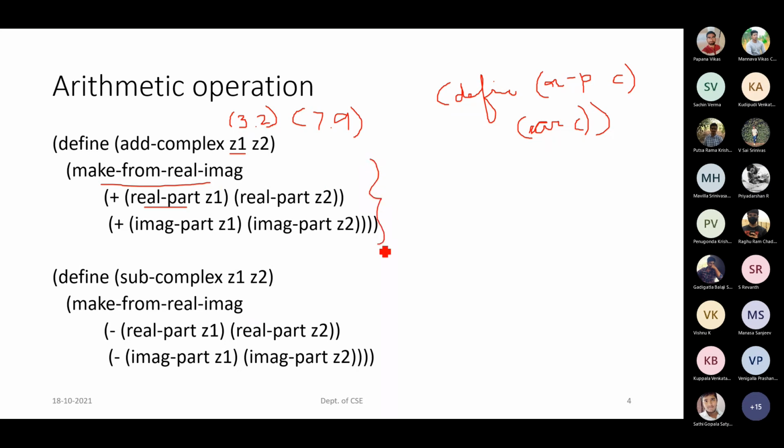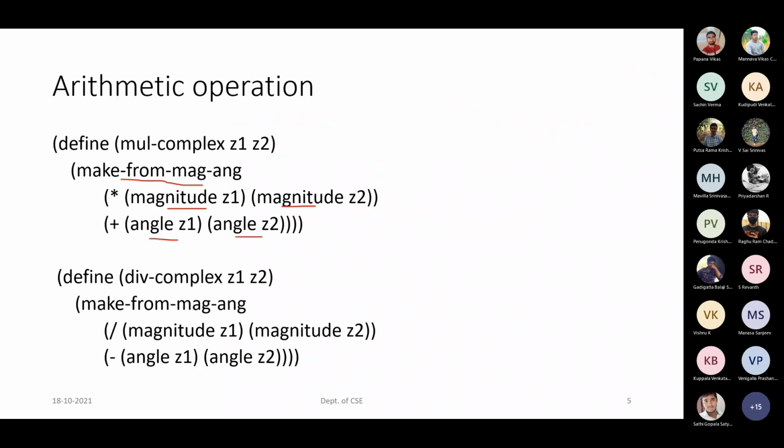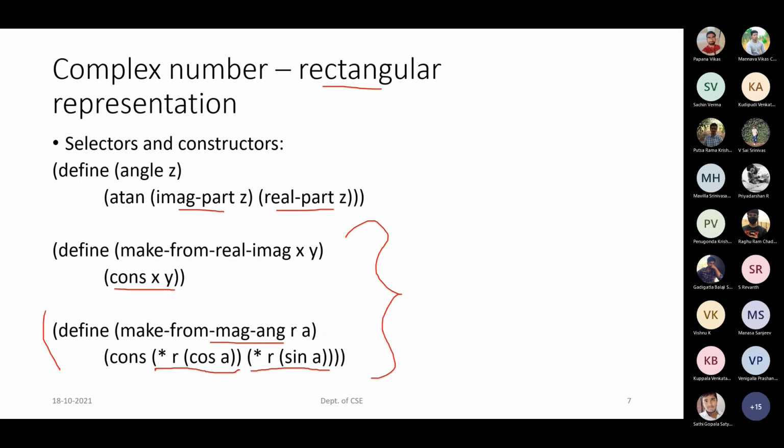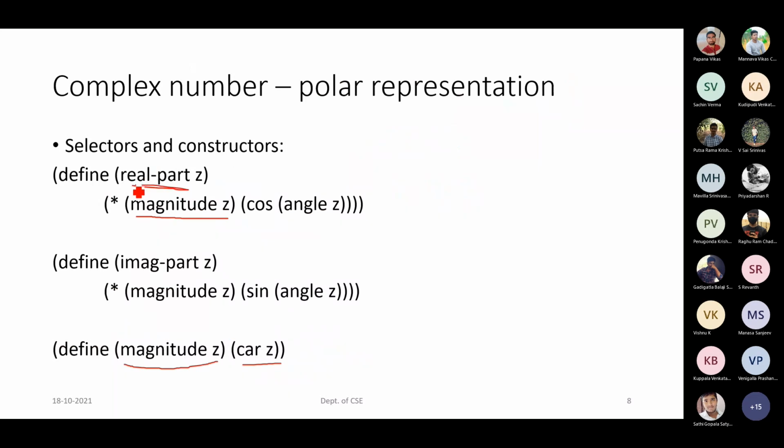Now when I call this real part on 3 2 and 7 9, will I be calling this real part procedure, or should I apply this one? How can I make out? Yes, ma'am, you're getting my point. Yes, ma'am, this is our main issue.